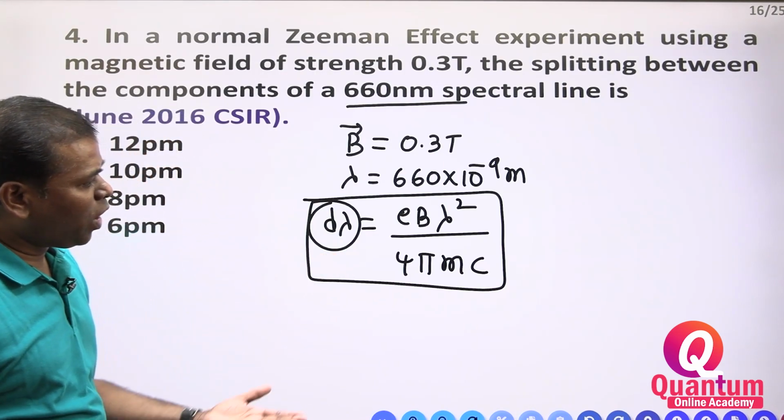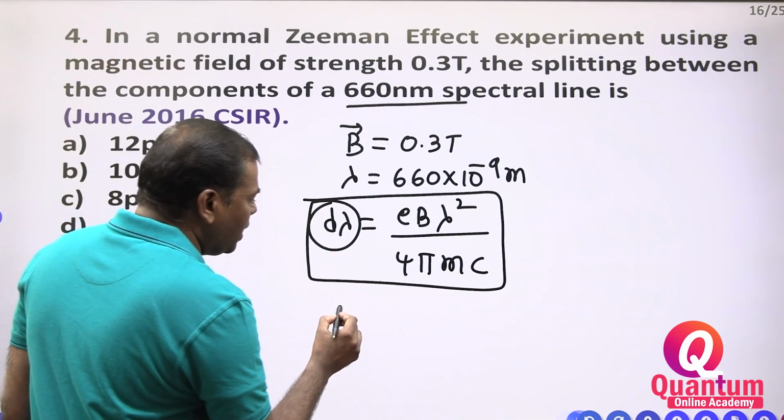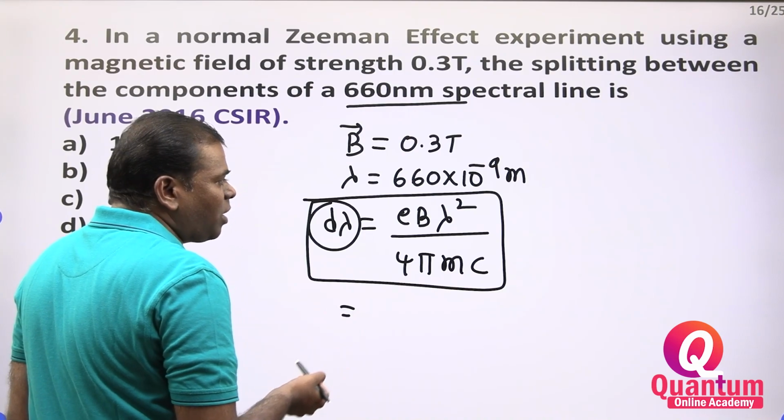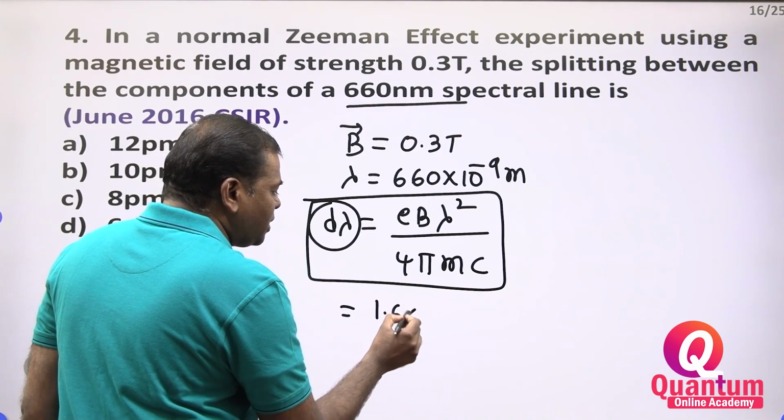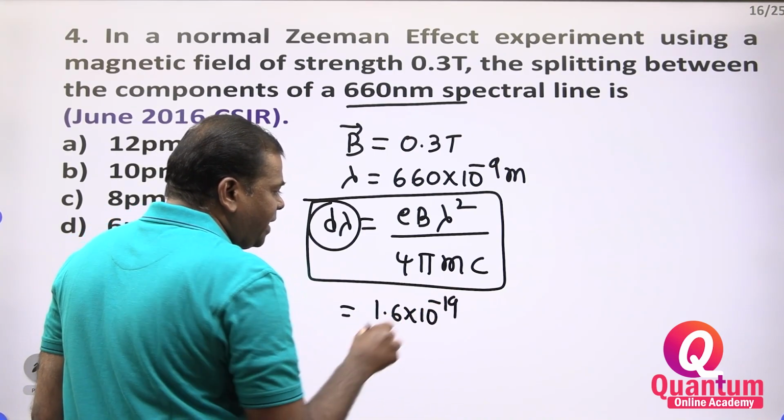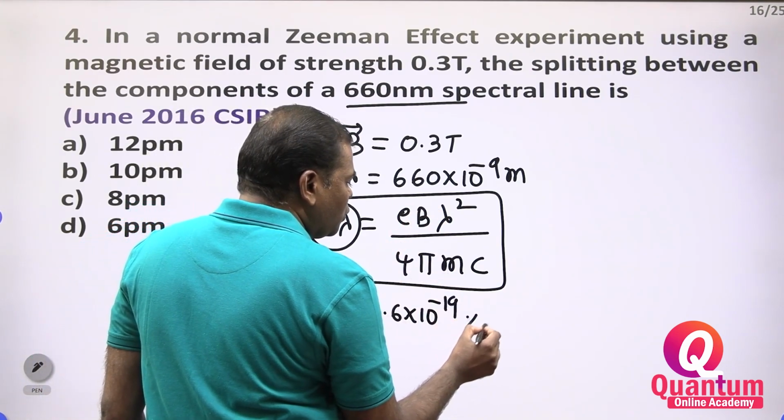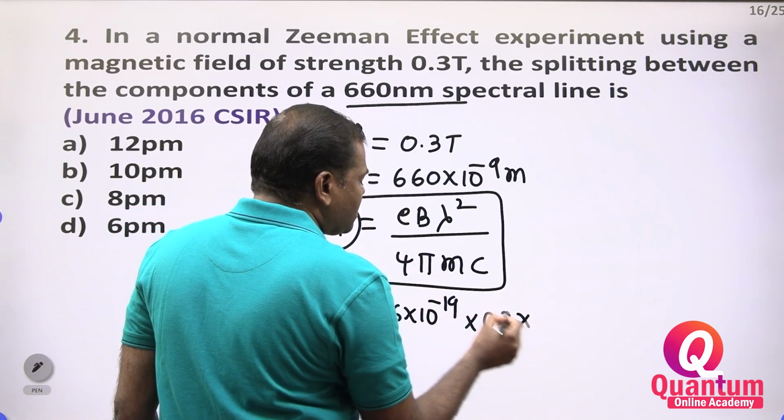From this formula you have to substitute all the values. E is the charge of the electron, 1.6 into 10 to the power of minus 19. B is equal to 0.3 Tesla.